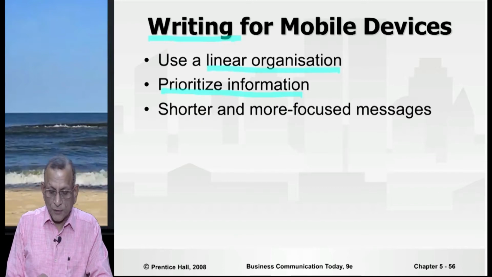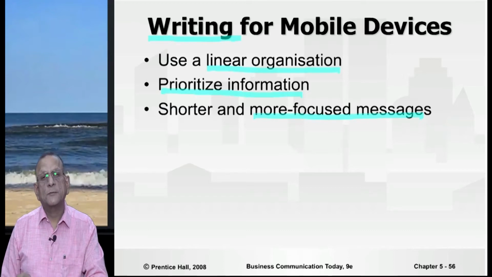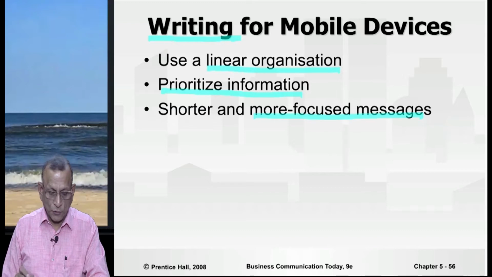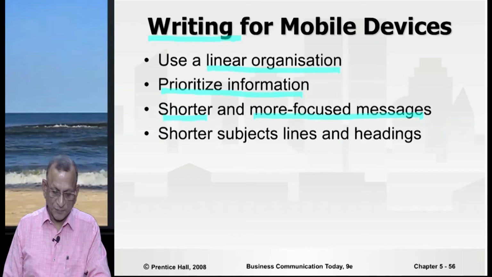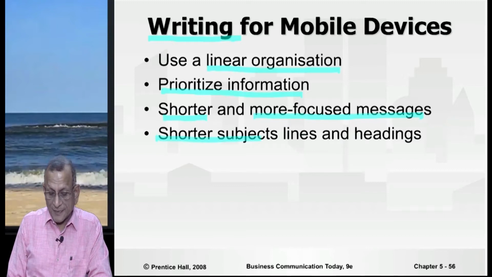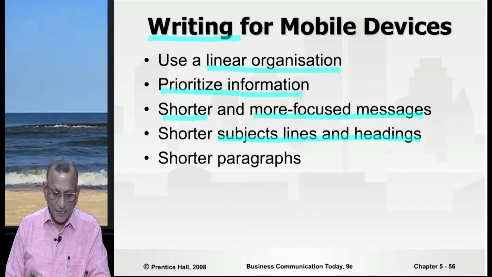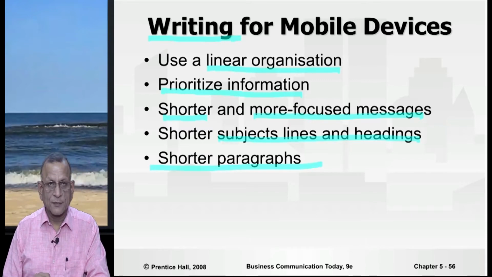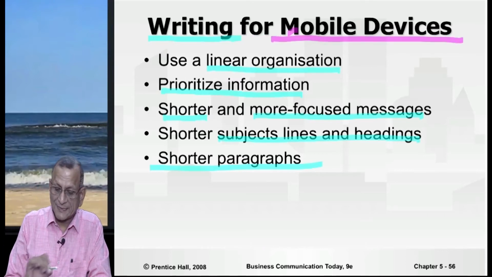Then shorter and more focused messages, because the screen is small, and the person who will be reading will not have that much time. So we should use shorter and more focused messages. And then shorter subject lines and headings, one or two words. And finally, shorter paragraphs. This is the technique for writing on mobile devices.